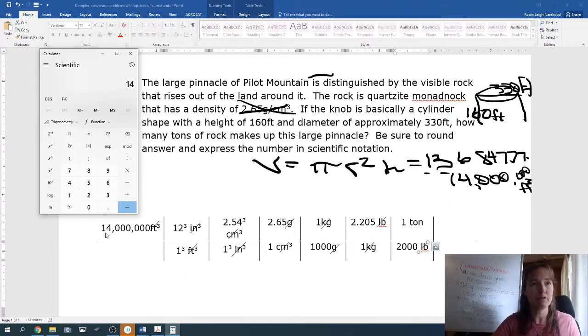So 14 million, 14 and then 6 zeros, 1, 2, 3, 4, 5, 6. Then I'm going to multiply it by 12, but it has to be cubed, so I'm going to cube that, times 2.54, and I need to cube that, times 2.65, don't cube that because there's no cubed there, and then times 2.205, and then I want to divide by 1,000, and then divide by 2,000.